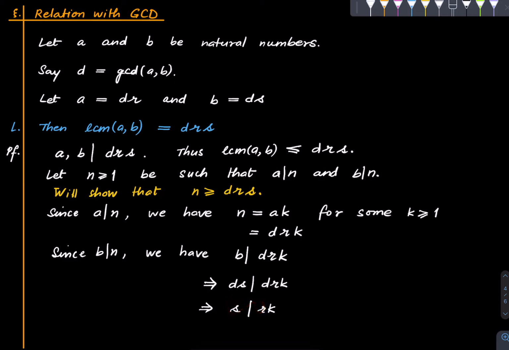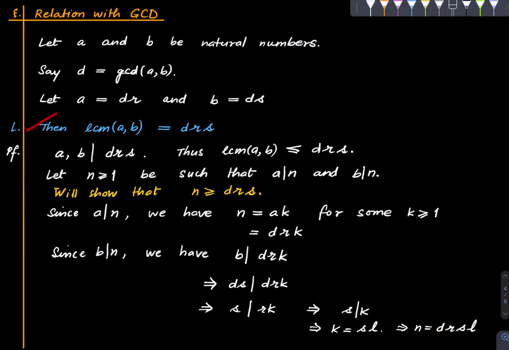R and s are relatively prime, simply because we have already extracted out the greatest common divisor of a and b, so the two things must be relatively prime. So this implies s divides k, as we recalled in the beginning. Now since s divides k, k is equal to s times l for some positive integer l, and thus n is equal to drsl, and hence it is at least drs. That is what we wanted to show.